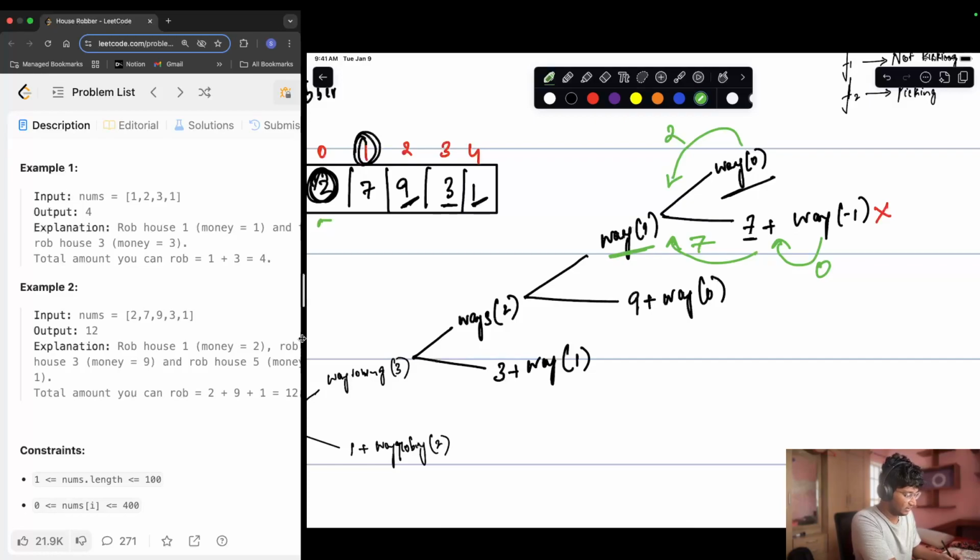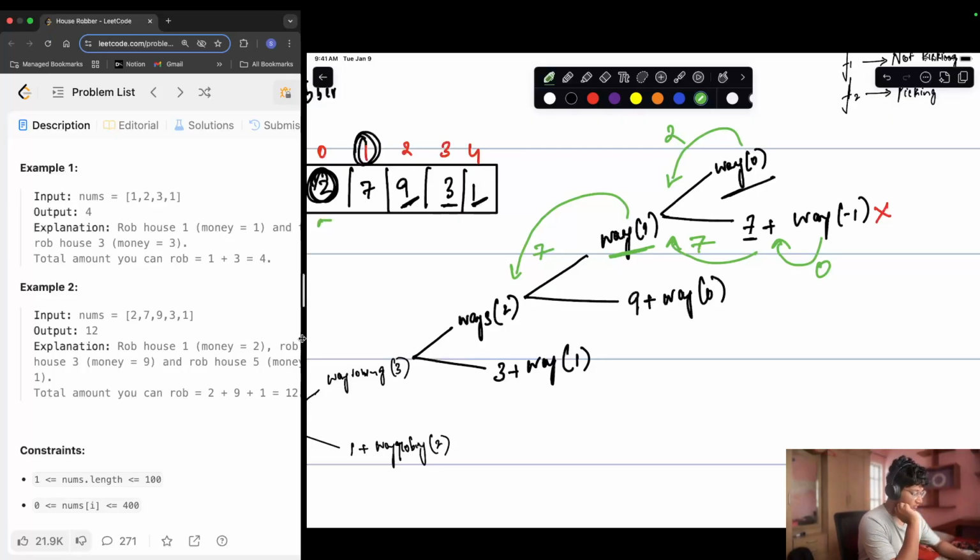If you see over here, the maximum of these two is 7, right? So we're going to return 7. Perfect.